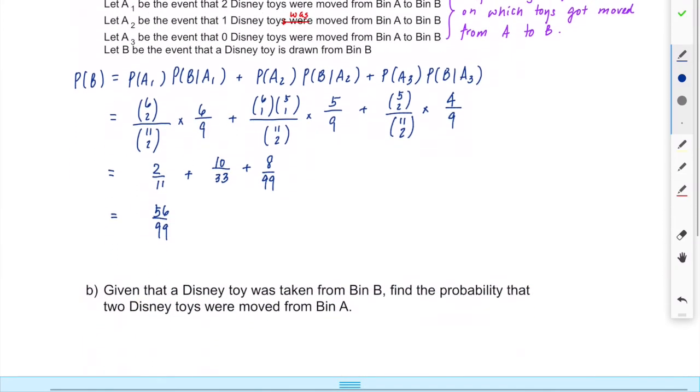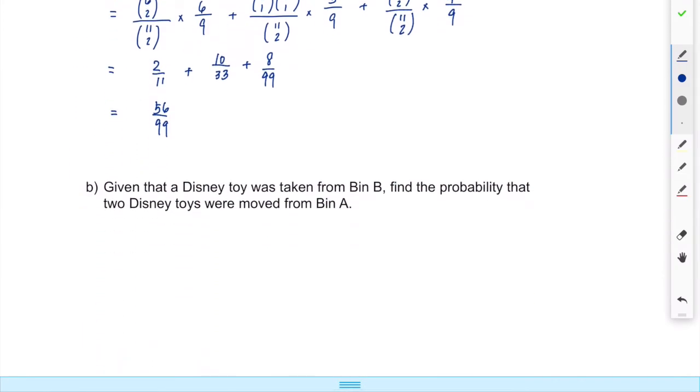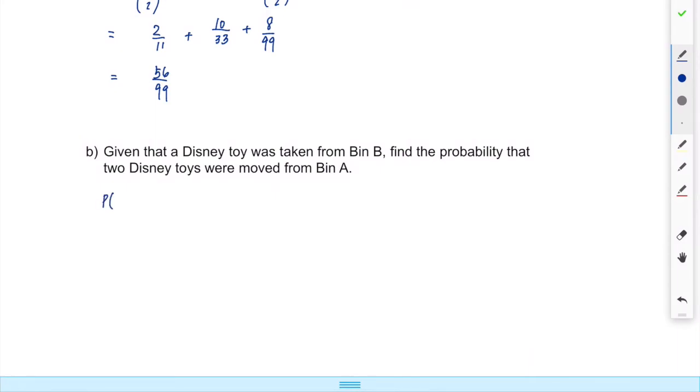Now, part B. Given that a Disney toy was taken from bin B, find the probability that 2 Disney toys were moved from bin A. So we're really talking about scenario 1, A1, and given that it is a Disney, event B. So here we have probability of A1 times probability of B given A1, over a restricted sample space of P of B, and thank goodness we have found it in part A. We don't have to repeat that tedious calculation.